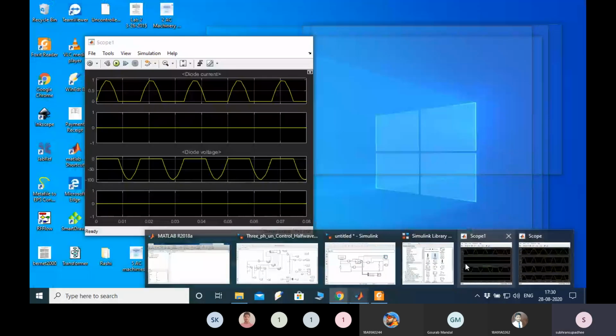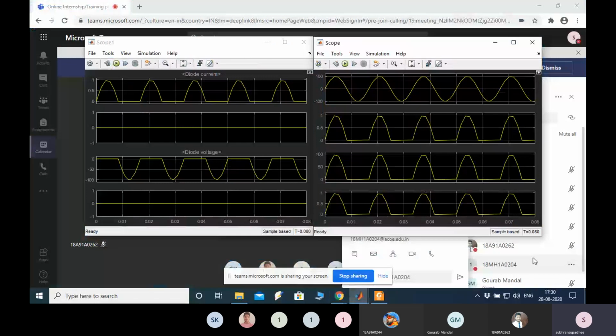Here we are getting a simple half-wave rectifier with R load. The theory I have shown, and this is all the graphs. And next we will go for the L load, calculation of rectifier with L load.